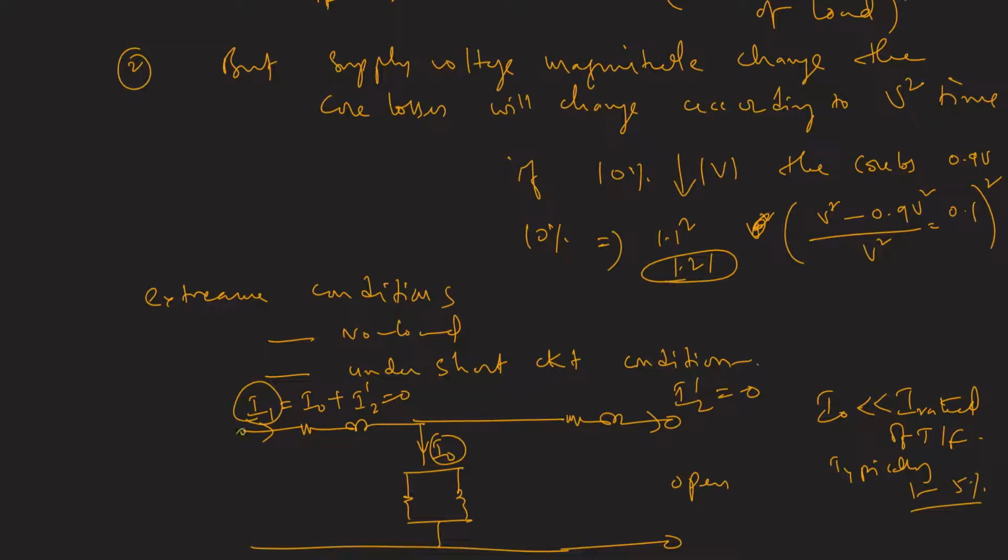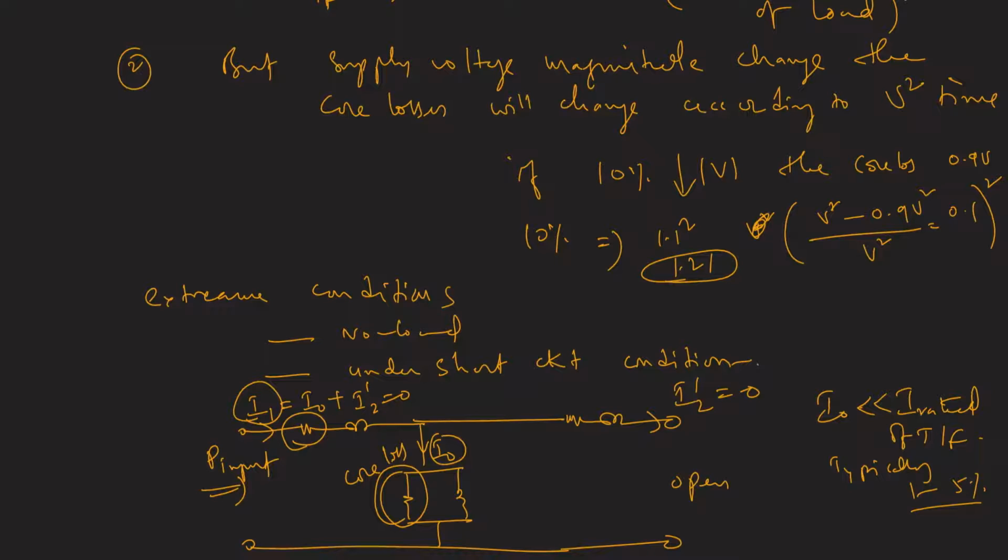Under that condition, the wattmeter power input into the transformer under no load is mainly contributed towards the core losses, right?